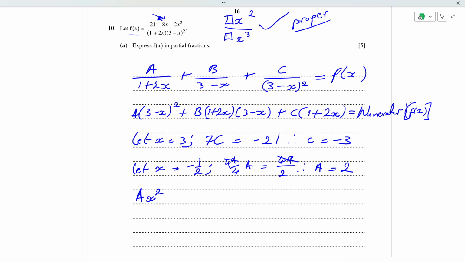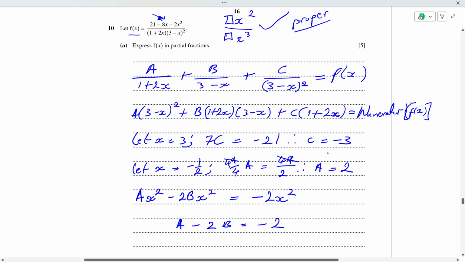So the coefficient of the x squared term would be negative 2b, and we equate that to the x squared term in the numerator, which is negative 2x squared. So we have a minus 2b is equal to negative 2.